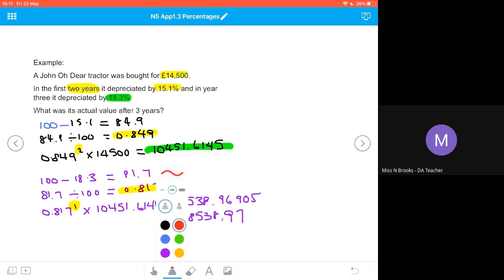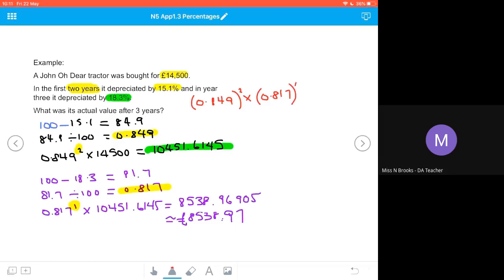So we can say that we've got our 0.849 to the power of 2 multiplied by our 0.817 to the power of 1 multiplied by our 14,500, and it will give us 8,538.969, which we can round to give us £8,538.97.